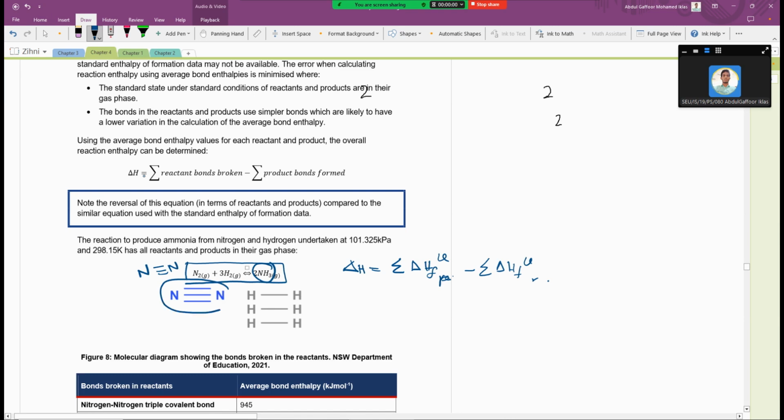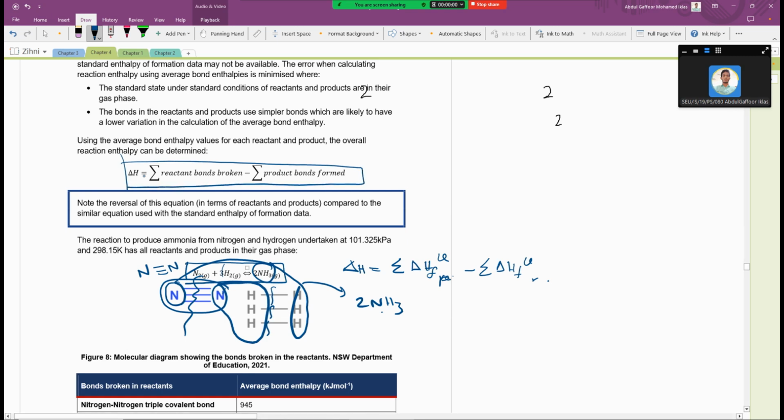Here it's given. Now we have to split this nitrogen and the hydrogen. So after separating each individual molecule, this nitrogen will combine with these 3 hydrogen atoms, and this nitrogen will combine with these 3 hydrogen atoms and produce 2 NH3. Do you understand? So in terms of bond enthalpy also we can calculate the amount of energy involved during this reaction, right? For that we have this equation, so we are going to study the second equation now, right?